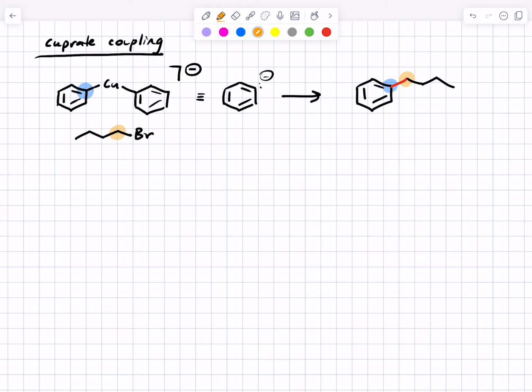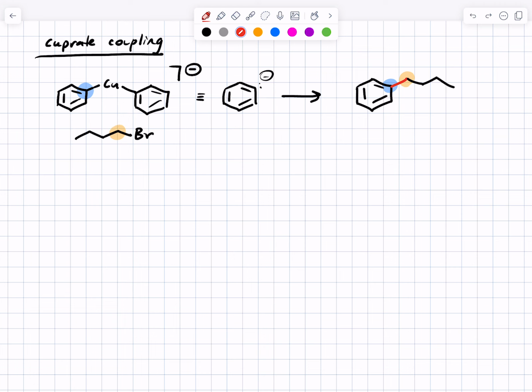Now, at first glance, that looks like you could propose an SN2-like mechanism. Perhaps you could have the negatively charged carbon on that benzene ring do an SN2 reaction like that. That seems to be a reasonable mechanism.